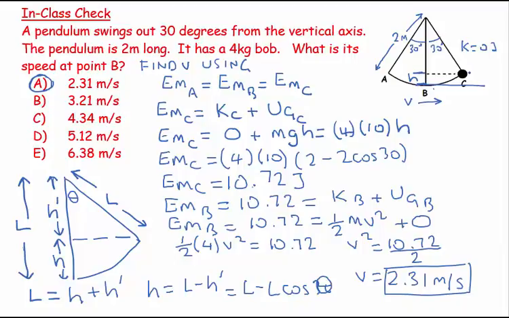So I worked out my mechanical energy at C, and I recognized it was 10.72 joules. Then knowing the mechanical energy at C, I know the mechanical energy at B, and I can use the expression for gravitational potential energy and the expression for kinetic energy to determine what my speed was at point B.